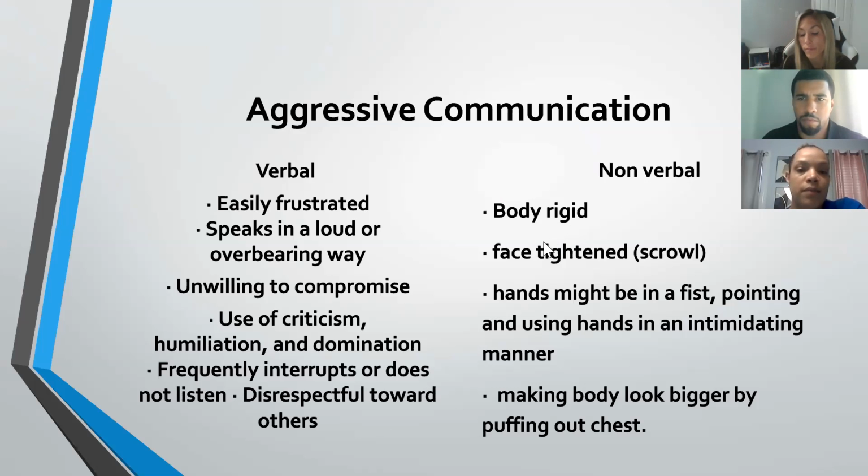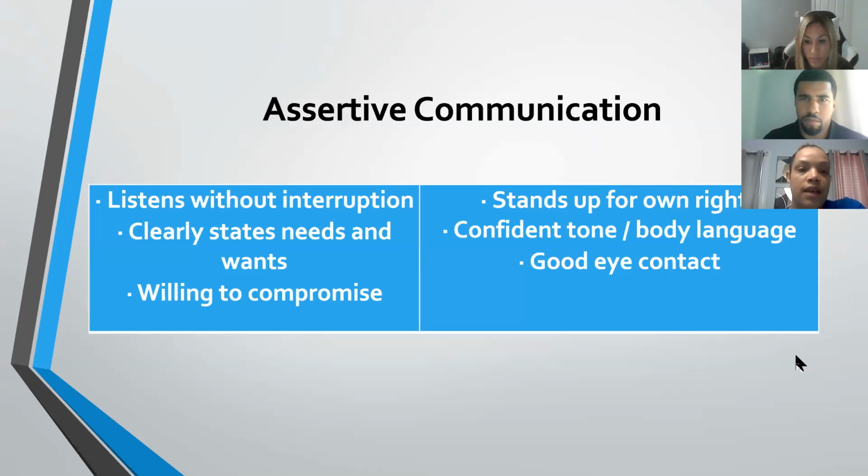Nonverbally, the body is rigid, the face tightens or scowls, hands might be in a fist, pointing and used in an intimidating manner, making the body look bigger by puffing out the chest. Assertive communication listens without interruption, clearly states needs and wants, is willing to compromise and stand up for one's rights, and has a confident tone, body language, and good eye contact.